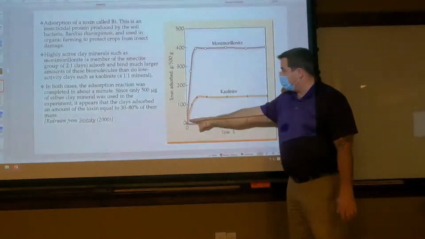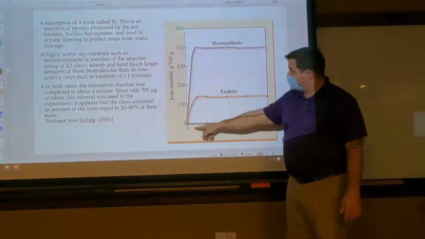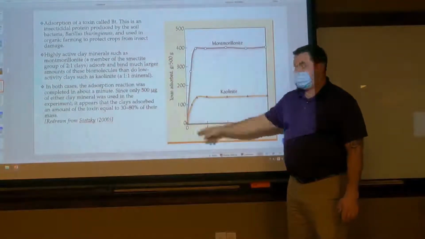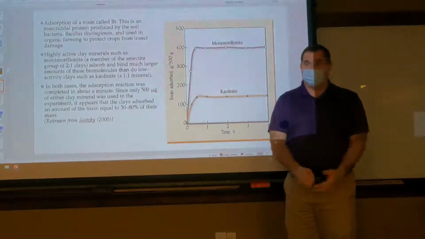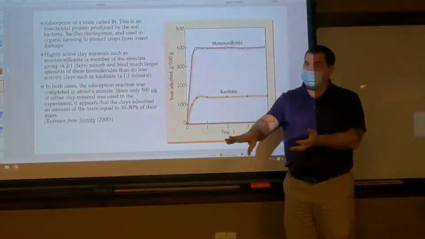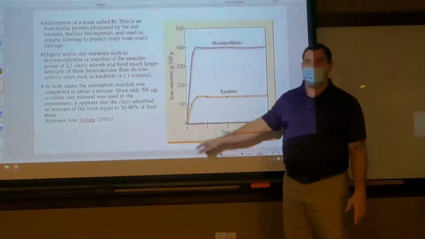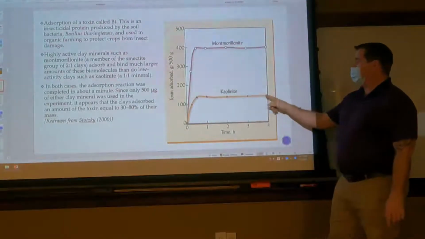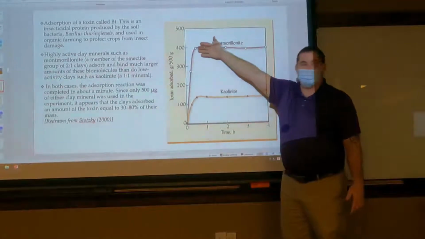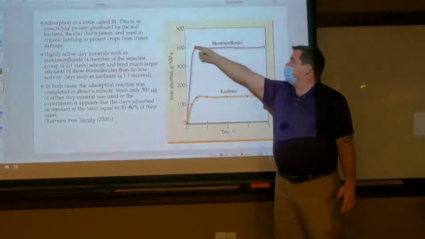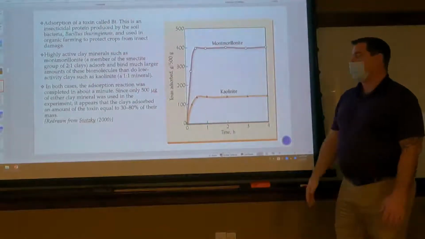But even though that still didn't adsorb only this much, roughly in about 30 minutes. So the reaction is quick. If the sites are available, they will be taken up by these chemicals and the charge associated with them. And then no more happened over the rest of this time. But because it was such a high CEC here, it was able to adsorb almost 80% of what was applied.